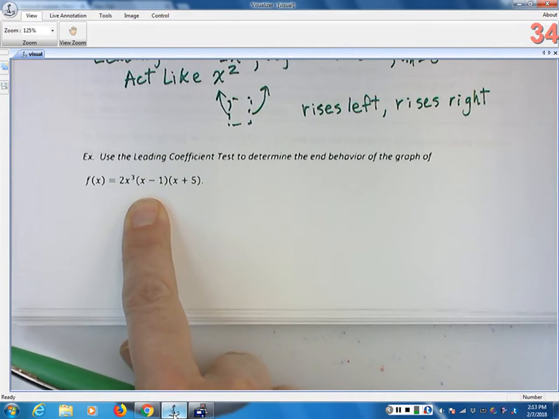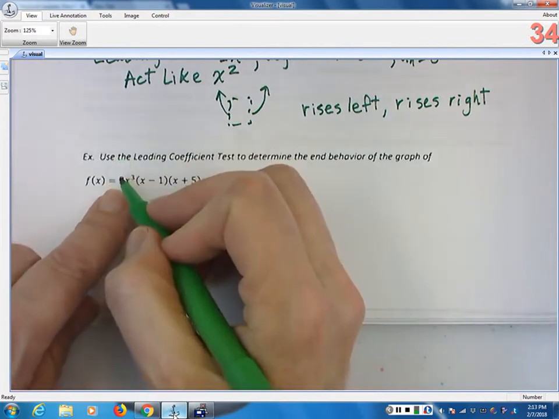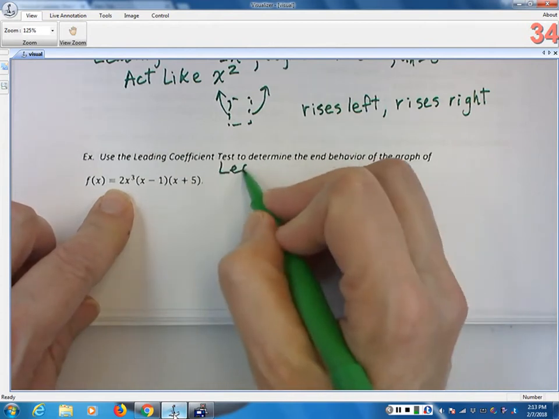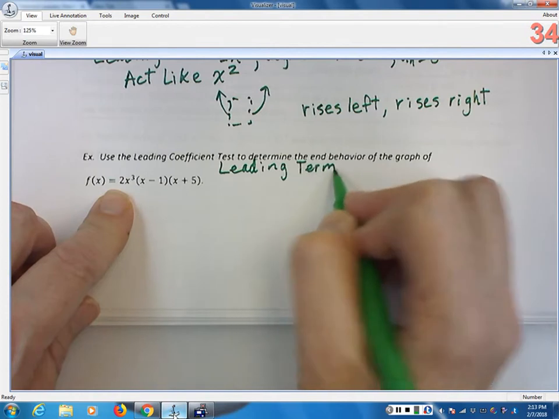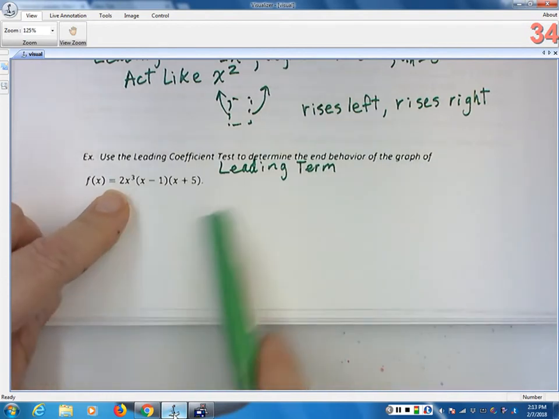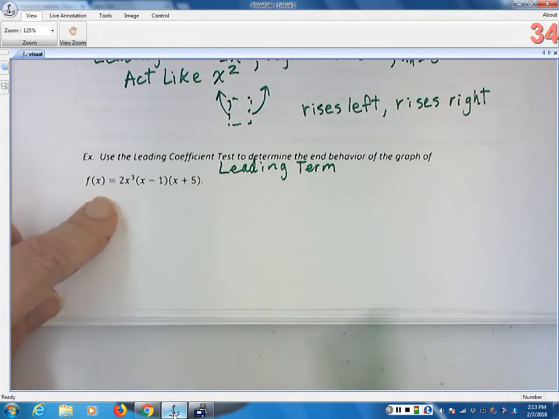So your a sub n, so you need to find your leading term. We need to find our leading term. And there's a shortcut. You could FOIL this and then multiply everything through by 2x cubed. But we only need the leading term for this question.